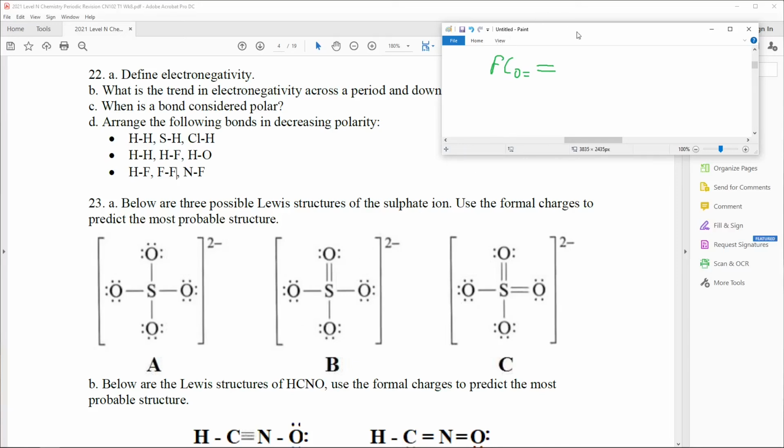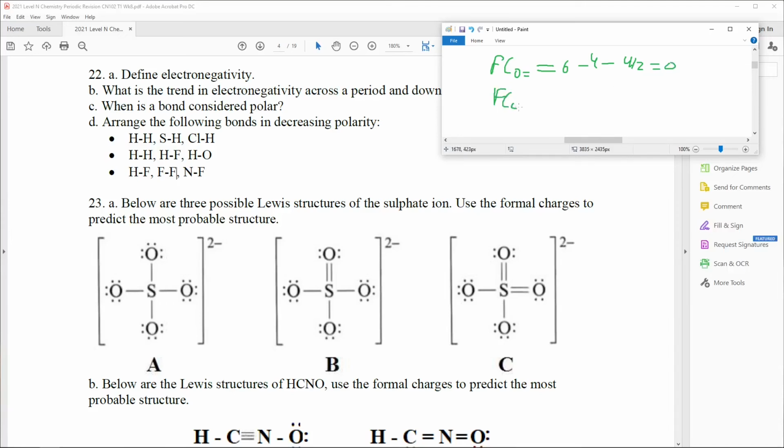The oxygen has 6 by default as a free atom, minus how many lone electrons it has? It has 4, so minus 4. Bonds 2 times, so 2 times 2, because you have 2 electrons in each bond, so that's 4, and it's already halved in the equation itself. That's 6 minus 4, that's 2, 2 minus 2, that's 0.